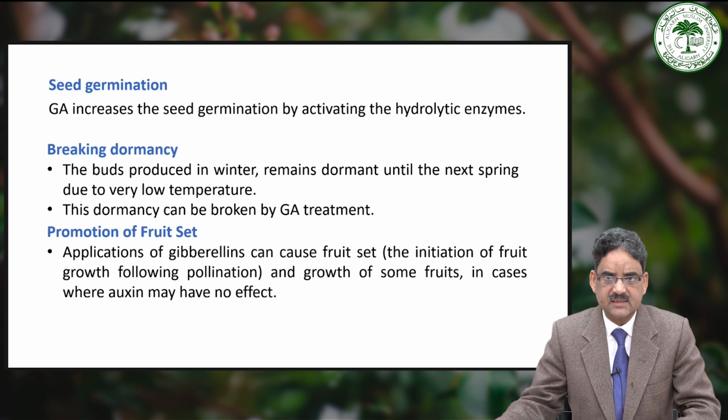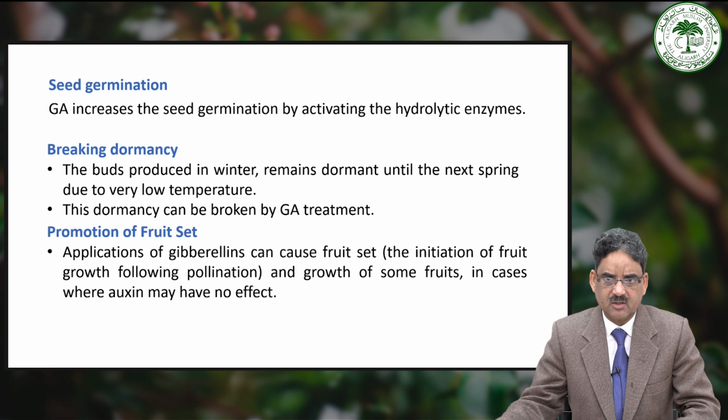GA acts as a key regulator in the signaling pathway that triggers the synthesis and activation of hydrolytic enzymes. These hydrolytic enzymes, including amylases, proteases and lipases, are responsible for breaking down complex storage molecules into simpler forms.